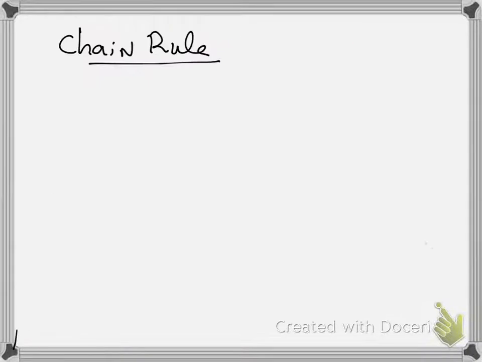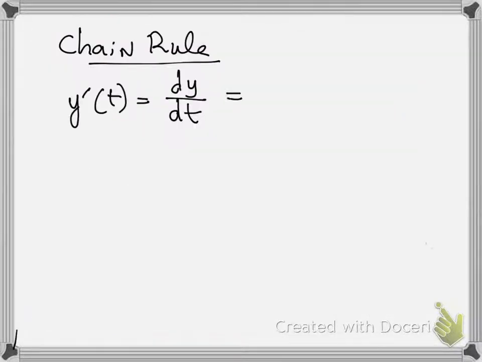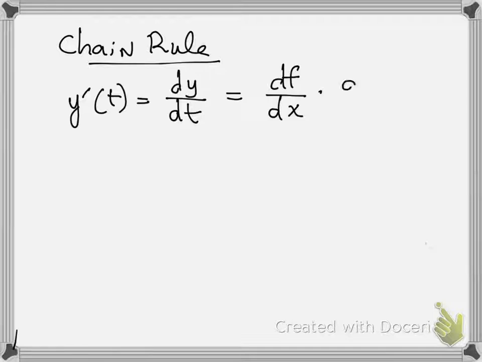So then y prime of t, which is dy dt. Well, first we have f, right? So we need the derivative of f with respect to x. So df dx times, and then you have this function x of t, so it's dx dt.